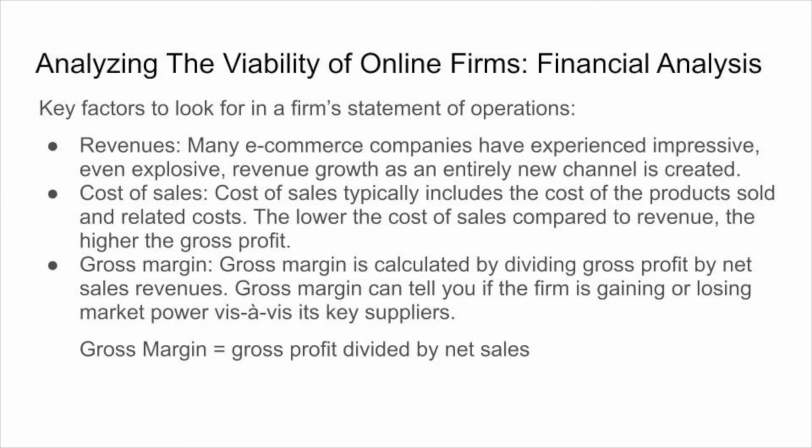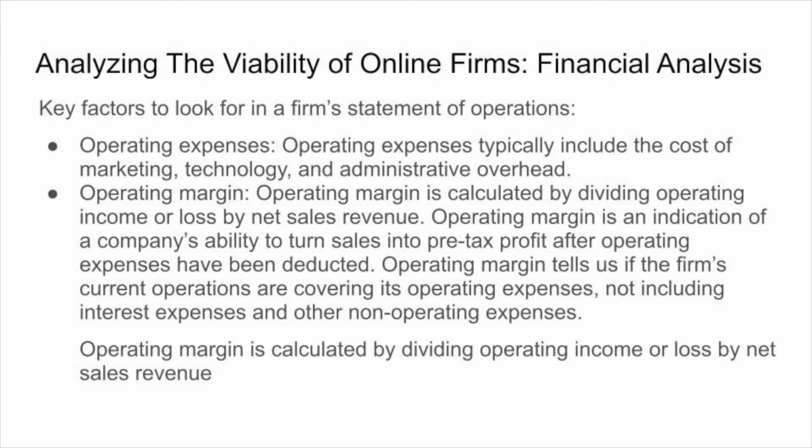So gross margin really tells us the firm is gaining or losing market power vis-a-vis its key suppliers. So again, from a strategic point of view, is it powerful over its suppliers if it can be more efficient at making money? On the expense side, we have to look at the firm's statement of operations, look at the expenses. What are the operating expenses? They typically include cost of marketing, technology, administrative overhead. And we want to know, is it really being put to good use?